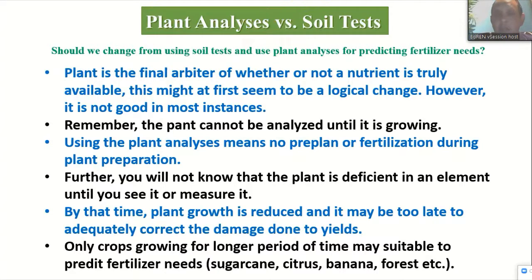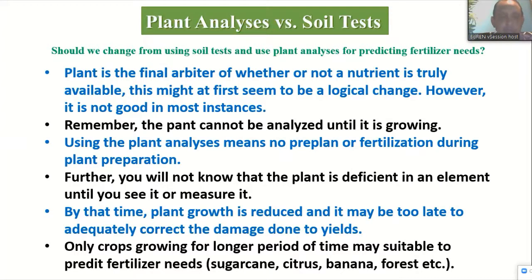For this plant culture, you cannot prepare for fertilization, as you don't know the status of the field. Further, you don't know the plant is deficient in an element until you see it or measure it, so you cannot say anything about the soil status.